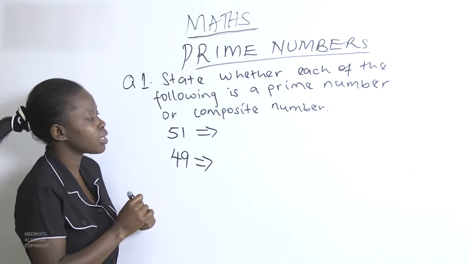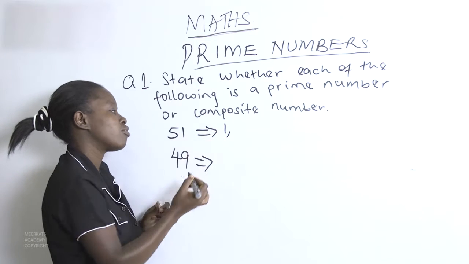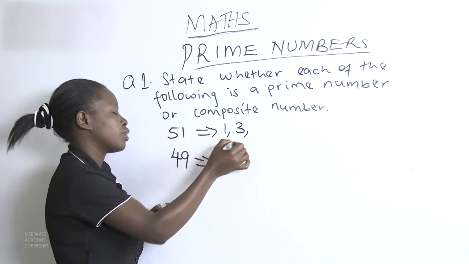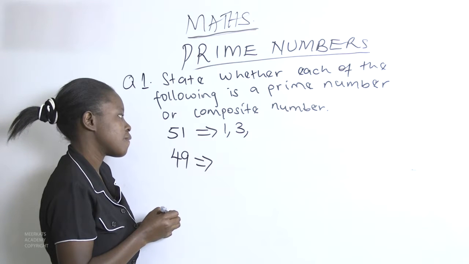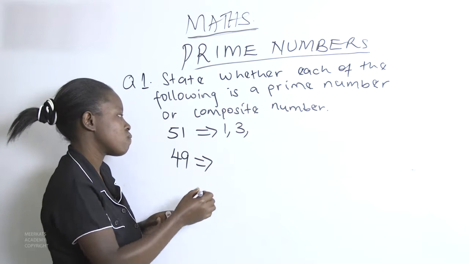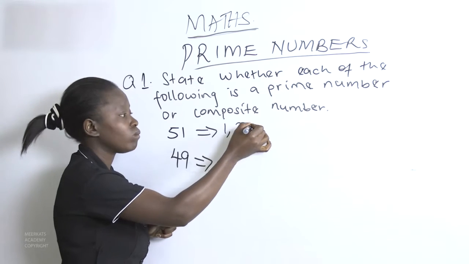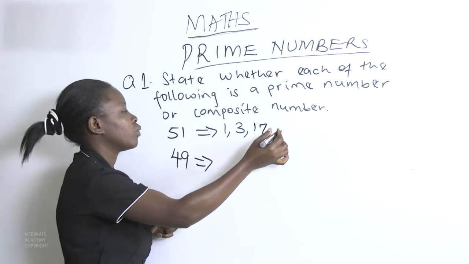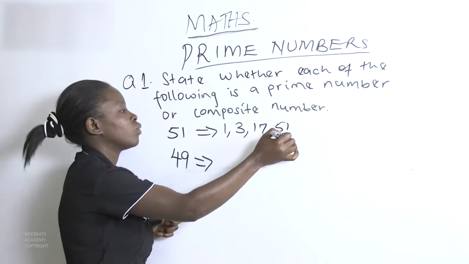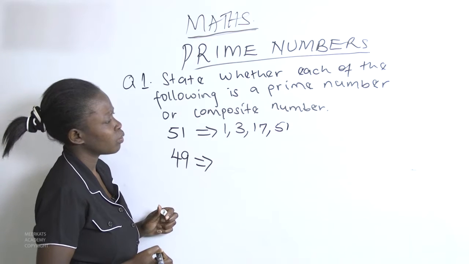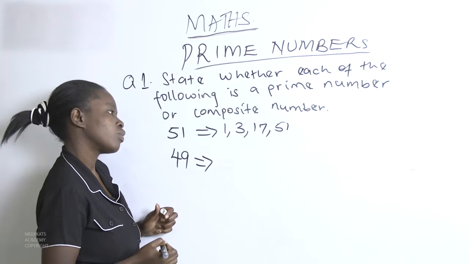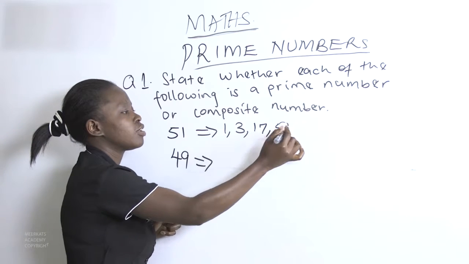The factors making up 51 are 1, 3, 17, and 51.